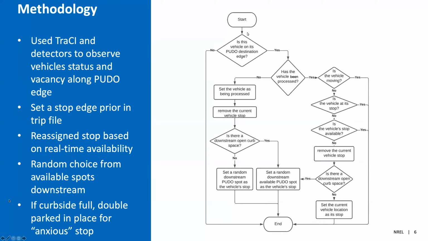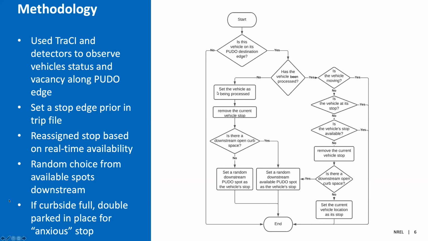Basically, every time step, we first check whether the vehicle is on its pickup drop-off destination edge. It may have multiple, but if it's not on any of them, we do nothing and just let it go. If it is on that edge, we check whether the vehicle has been processed.